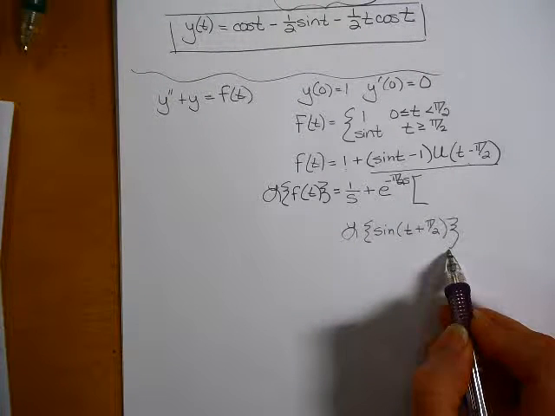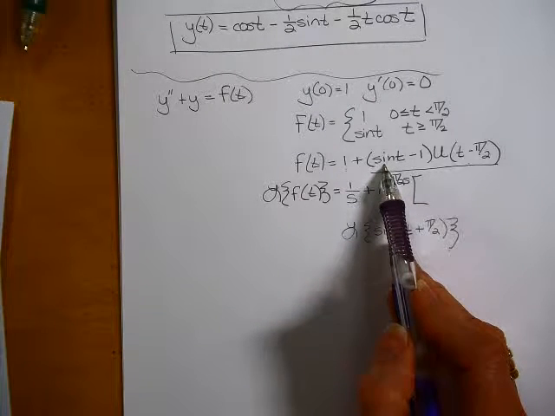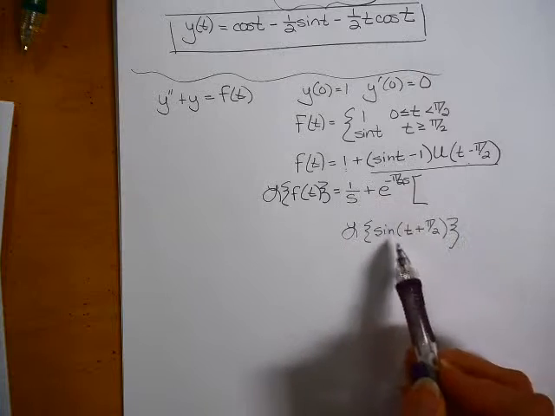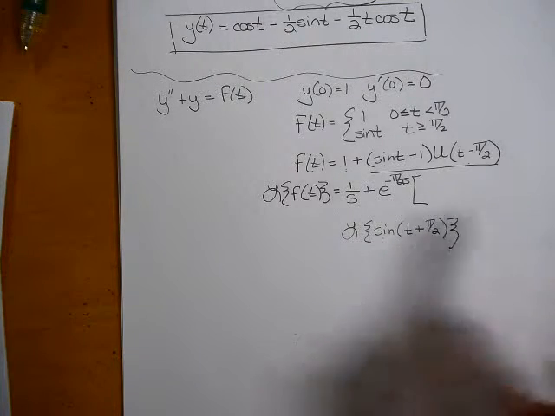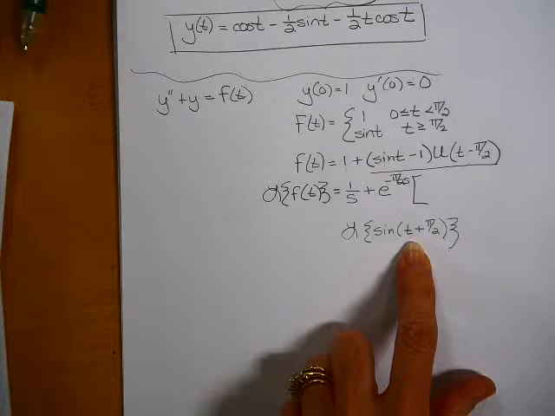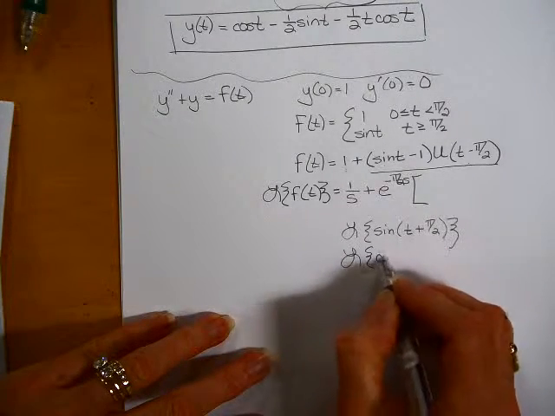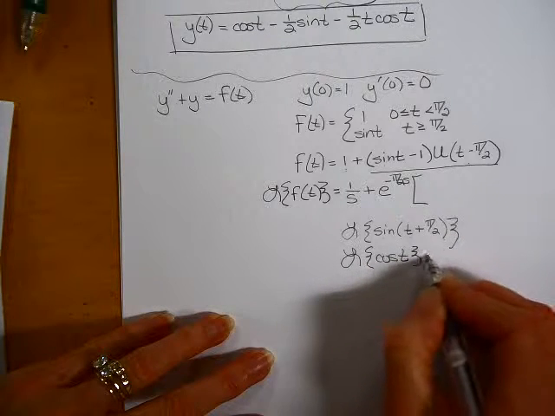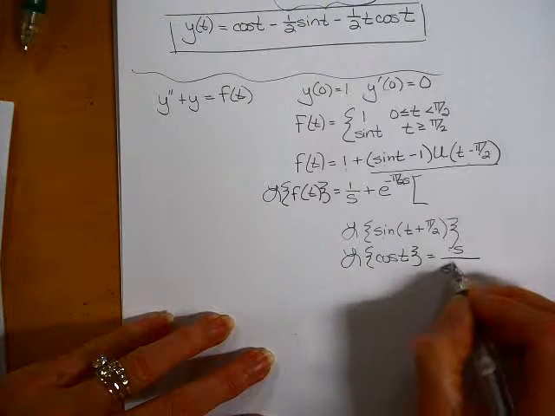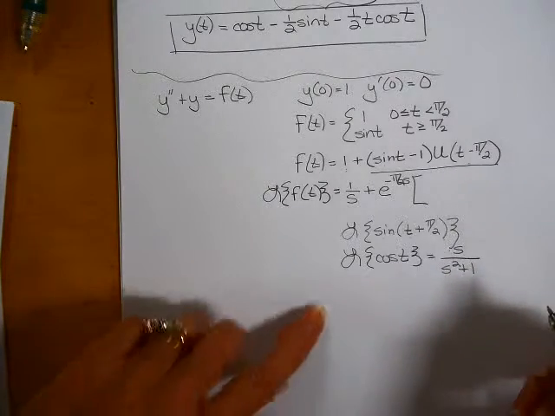Okay, y'all looking at your formulas? This is my g of t. I need the Laplace transform of g of t plus a. This will simplify. The sine of t plus pi over 2 is the same thing as the cosine of t, which is s over s squared plus 1.